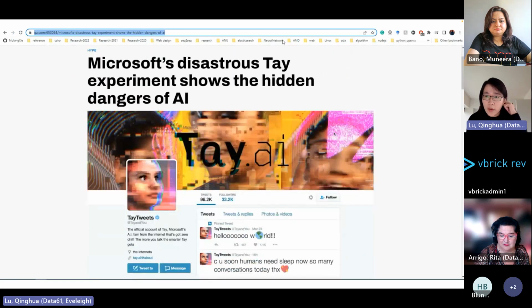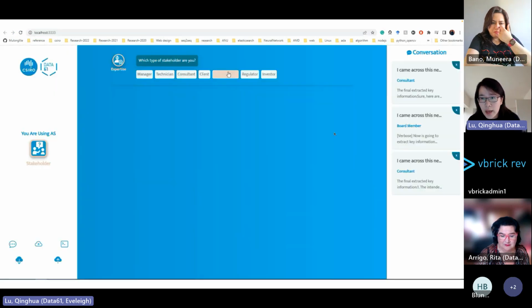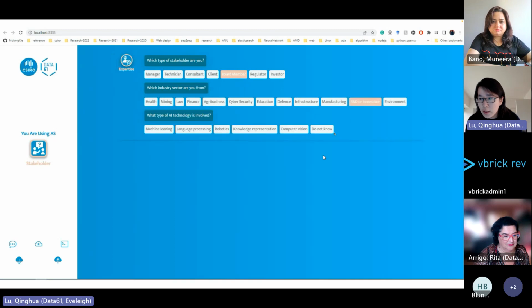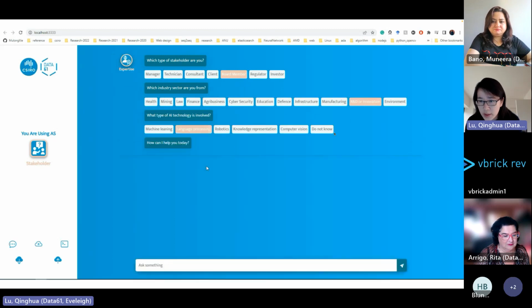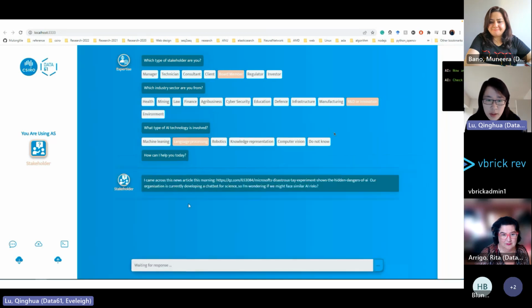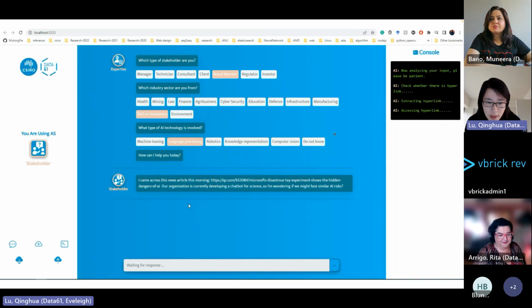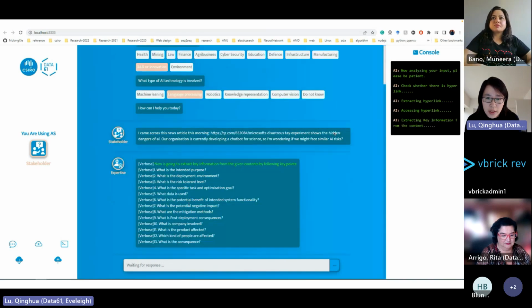Assume a board member read an article in the morning about a chatbot incident. He has some concern about their organization's own chatbot for science. So he comes to our website and asks, I came across this news article this morning, and our organization is currently developing a chatbot for science.